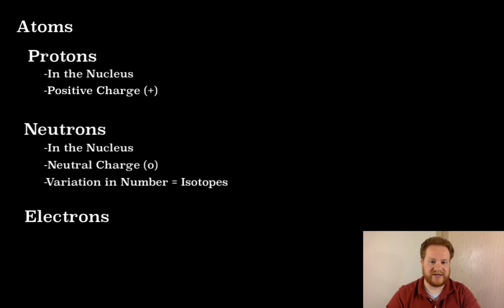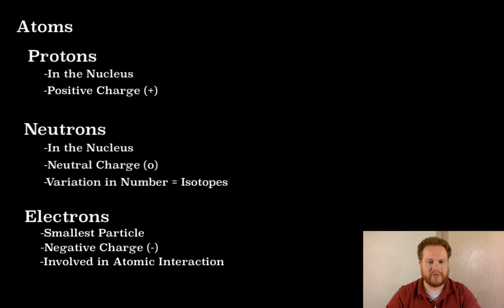We learned that neutrons can vary by their number in the atom, and that these variations are called isotopes. Different isotopes can provide us with different kinds of information. And finally, we learned that electrons, which are much smaller and negatively charged, surround the outside of the atom and are involved with how atoms interact with one another.